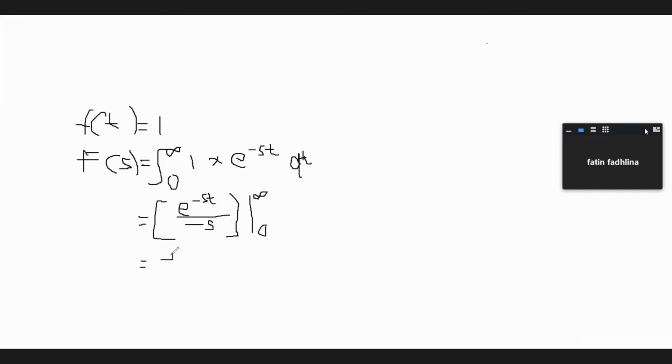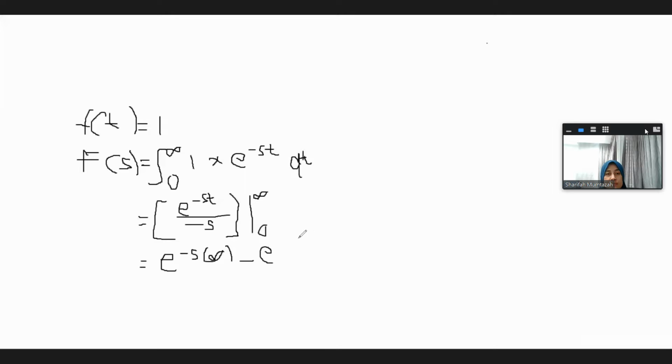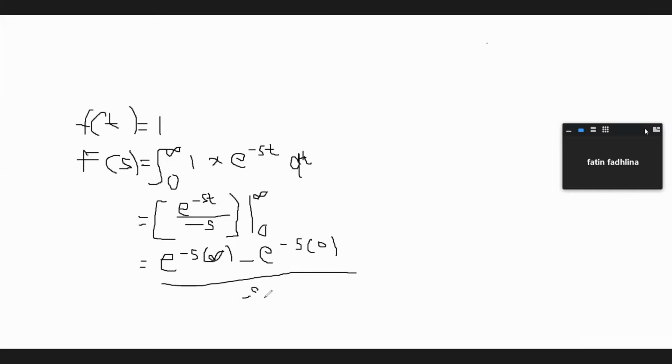Substitute. If infinity, exponential decay: when you go to infinity, you are approaching 0.